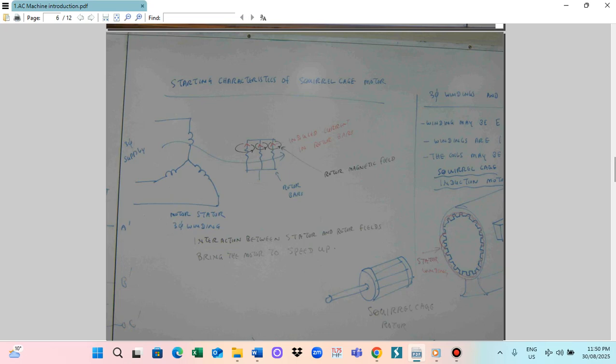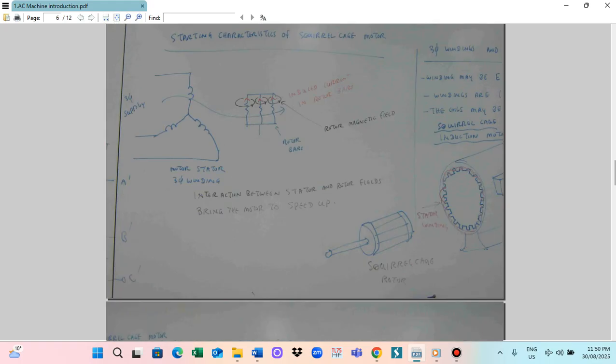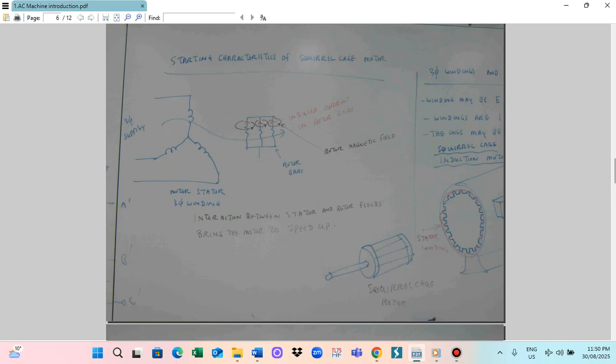This current also creates a rotational magnetic force around the rotor bar. So this is the rotating rotor magnetic flux, the rotor magnetic field. The stator field and rotor field interact and the motor will rotate.